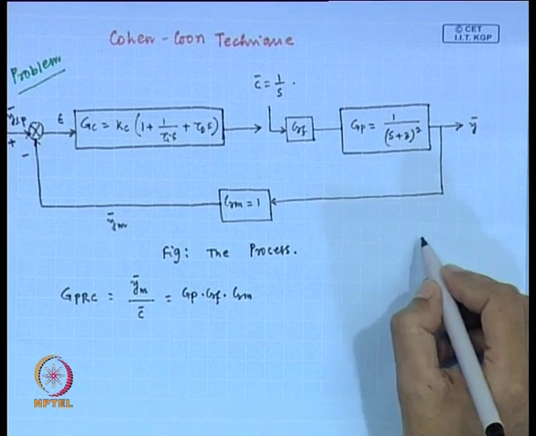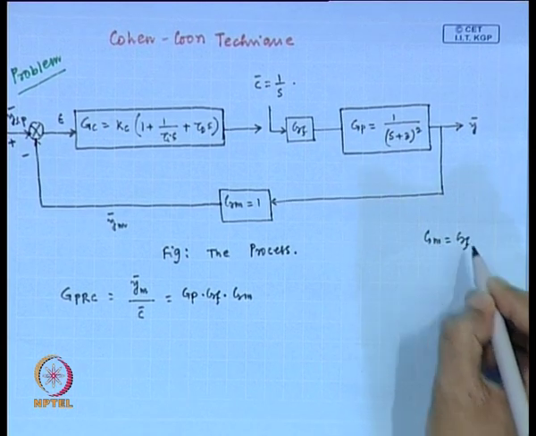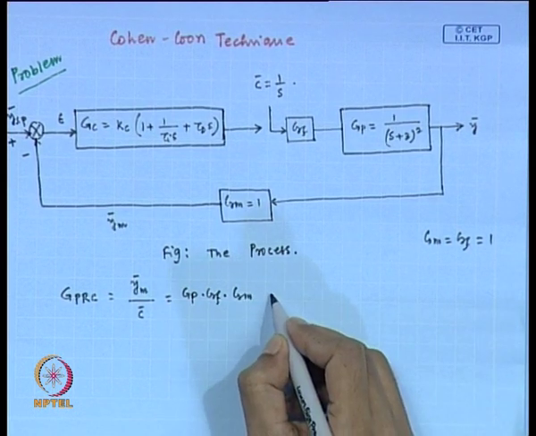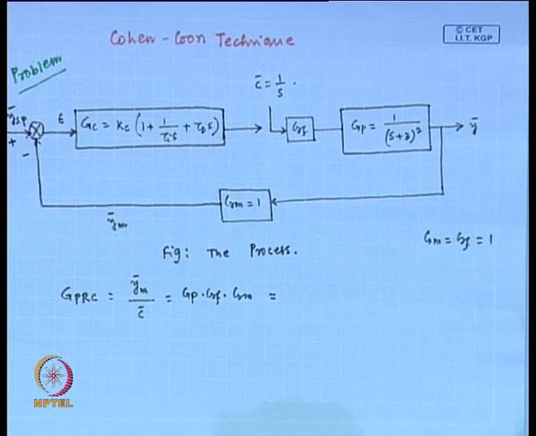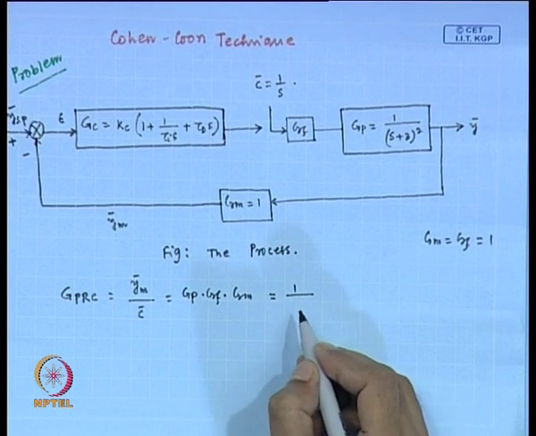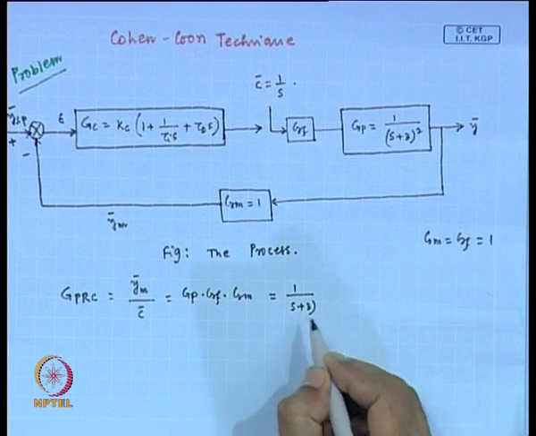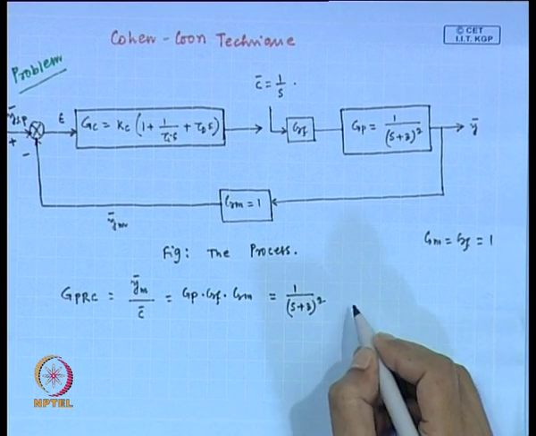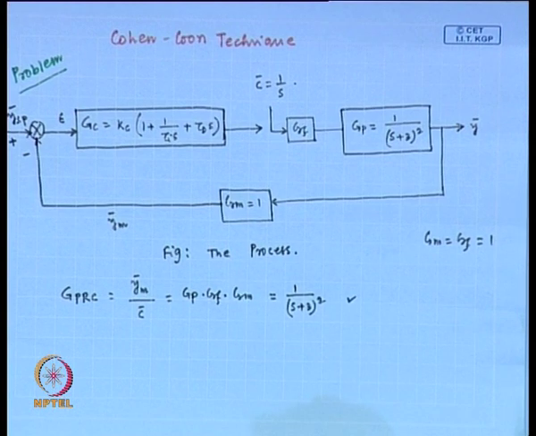Similarly, we will consider Gf equals 1. Fine. Now, if we substitute the individual transfer functions Gp, Gf, Gm, then we get Gprc equals 1 divided by (s plus 3) whole square. Fine. So, this is the transfer function of the example system.